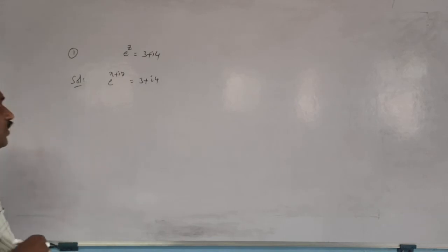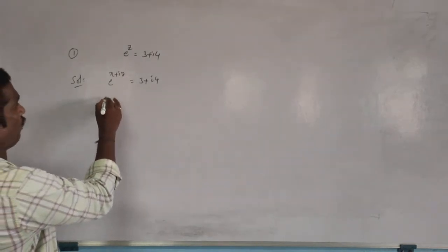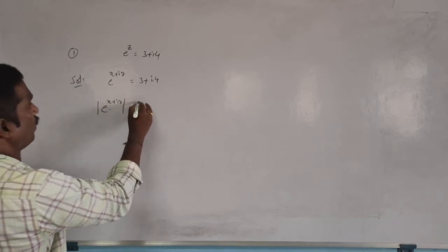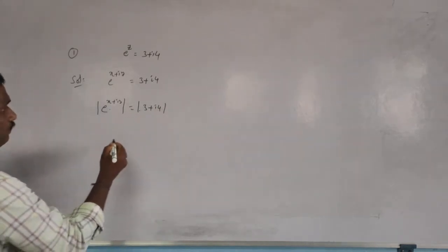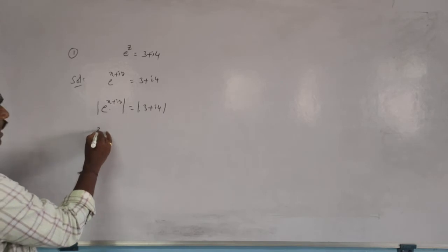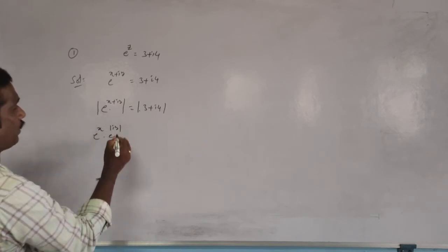Now taking the modulus on both sides, |e^(x + iy)| = |3 + 4i|, that equals e^x into |e^(iy)|.